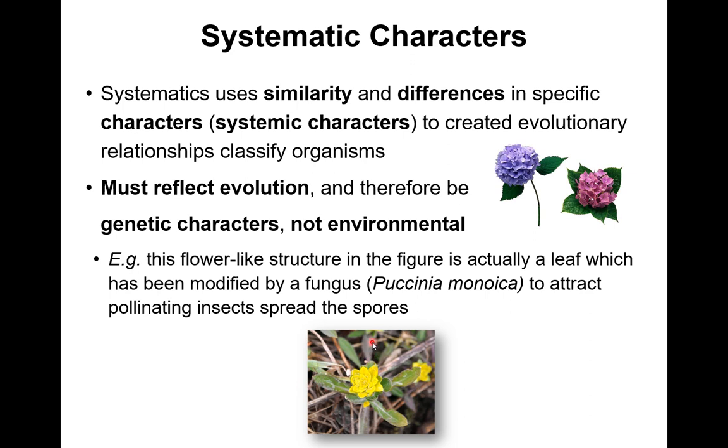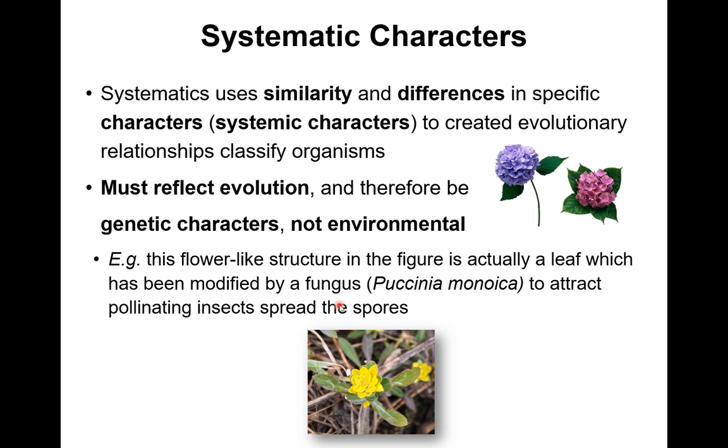It's not a real flower, but a flower-like structure formed by a parasite of this plant, the fungus Puccinia monoica, which causes overgrowth of the leaves and change of the color to simulate the presence of a flower. This also leads to production of different scents, so that you may have pollinating insects being attracted to this part of the plant and spread the spores of the fungus. So this structure, again, is environmental.